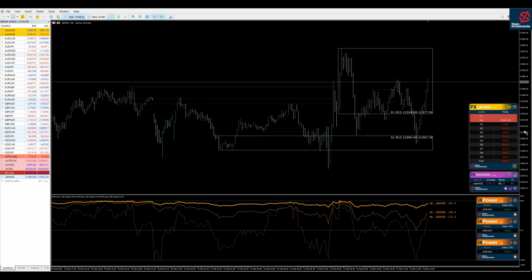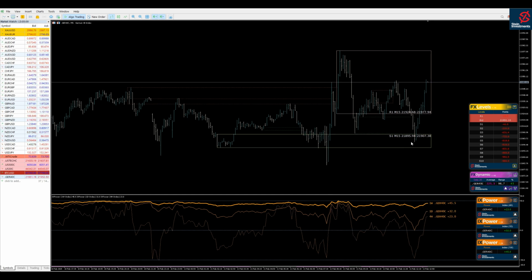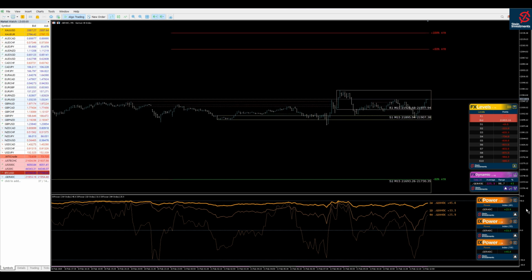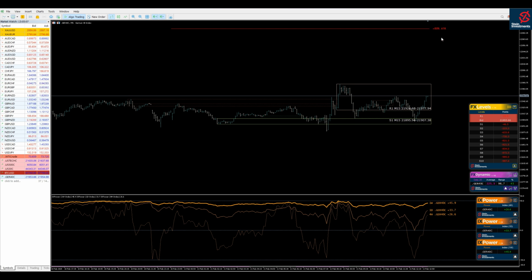So if you want to go long in a German DAX, place your stop here and you take profit maybe at right below the 80% ATR. We reached only 33% ATR, so there is still a lot of potential left.